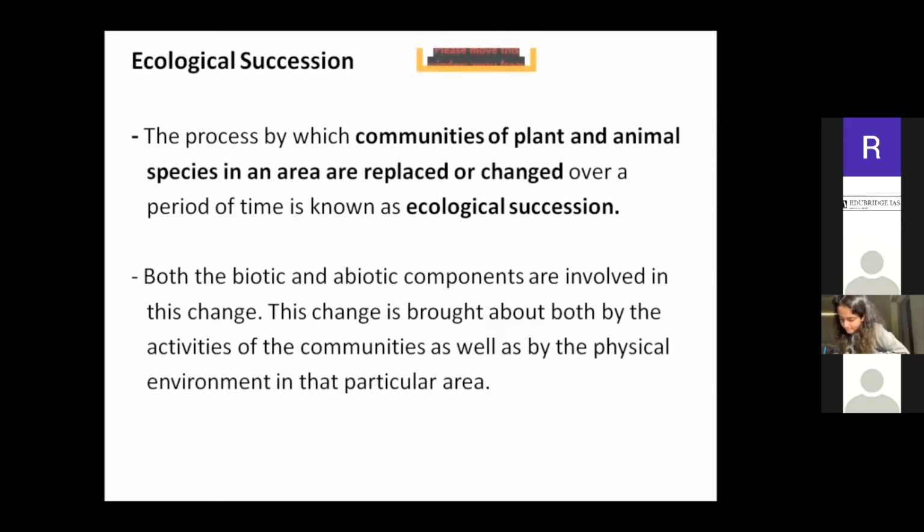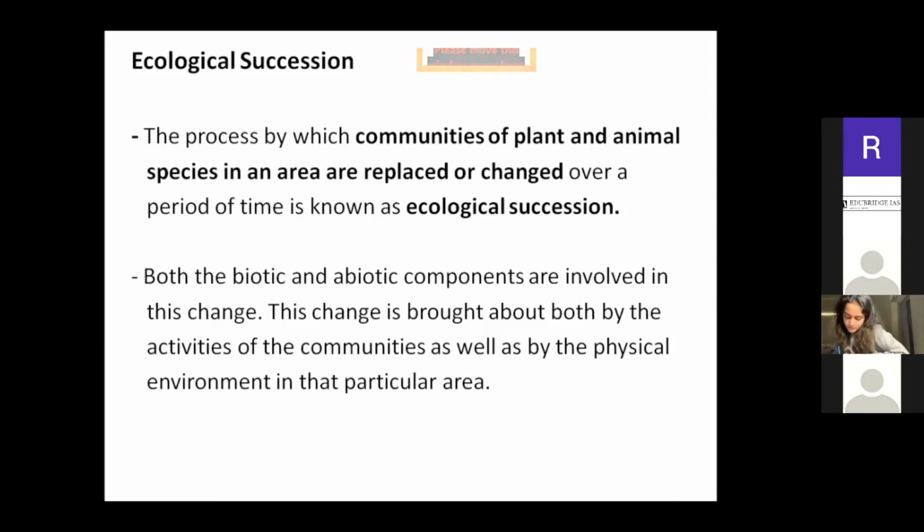Fine. So see, the biotic component of the ecosystem is not constant. It is an extremely dynamic component. We know the process of species formation and also species extinction, right?